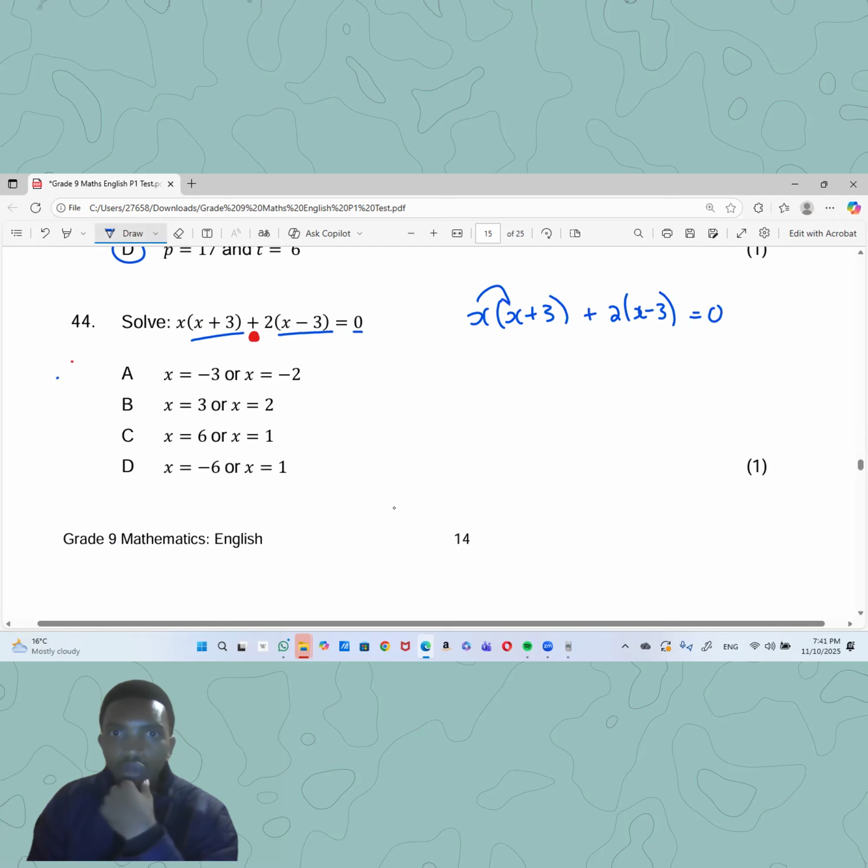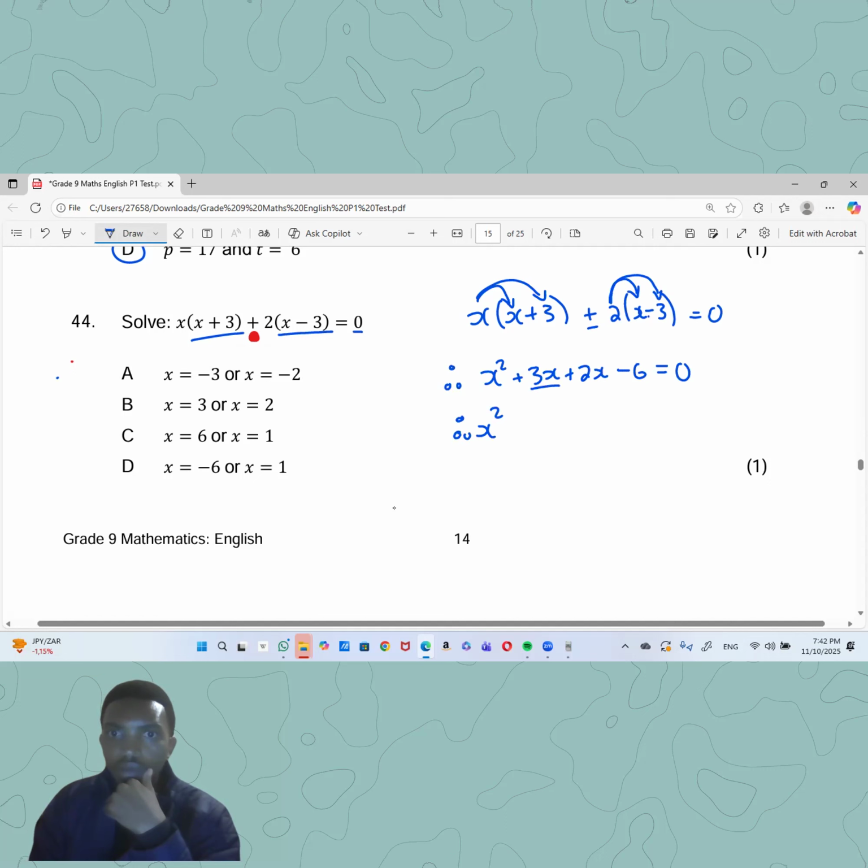So here we're going to multiply there and there. It's going to give us x squared. Then you multiply there and there. It's going to give us plus 3x. Then we come here. It's going to give us positive 2x. Then you multiply there: positive times negative is negative 6, because 2 times 3 is 6. And when we simplify here, do we have any like terms?